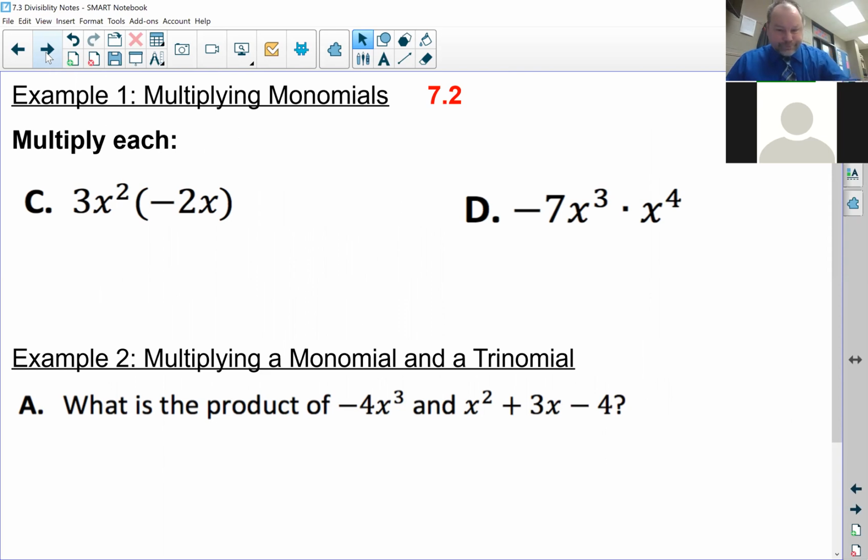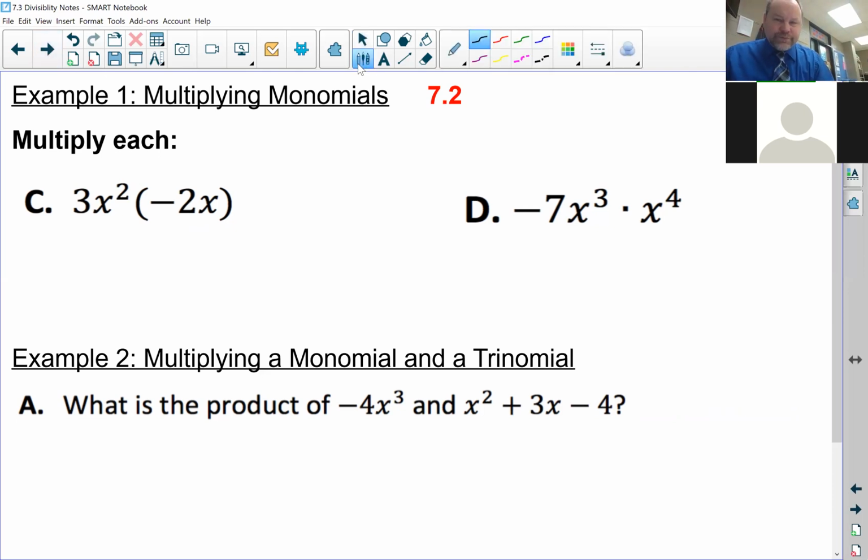So I'm going to just talk real quick about some of the things that we did last week, starting with multiplying monomials. Remember, a monomial is simply anything that does not have addition or subtraction. It's all multiplication. So when we multiply monomials, we multiply the coefficients, and then we deal with the variables.